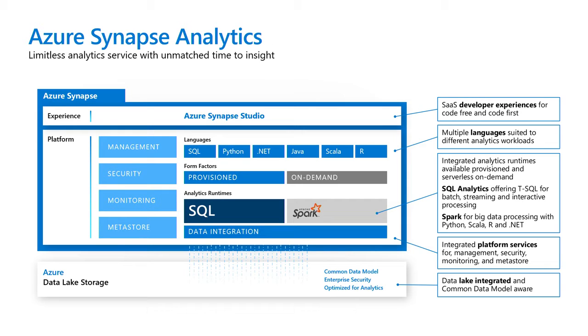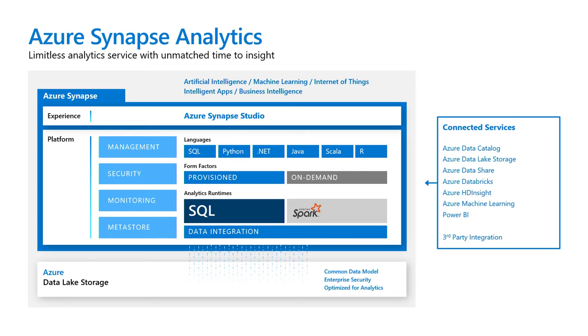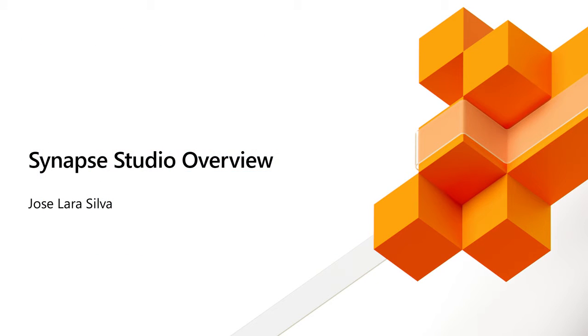And then, as I mentioned, there's the experience layer, Azure Synapse Studio and Workspace, which you're going to see in a moment. So I think that's probably good enough background on what Azure Synapse Analytics is. I'm going to hand it over to Jose, and he's going to give us a quick look at the actual tool.